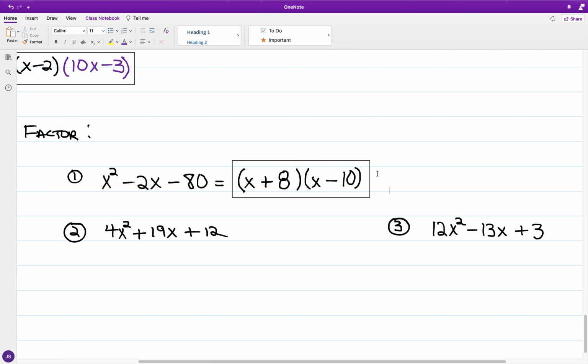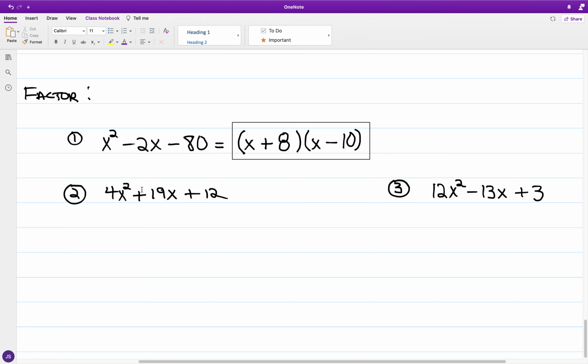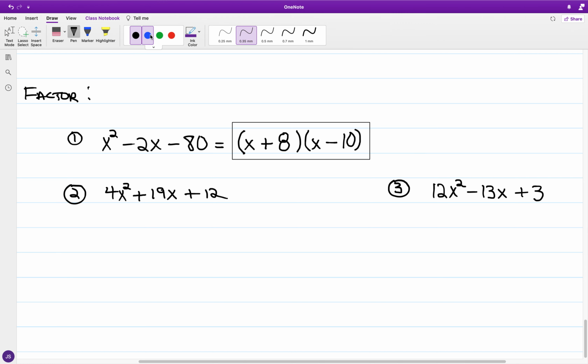Now, for the second and third items, factoring by grouping again is a viable route to getting to the factors of these particular trinomials.